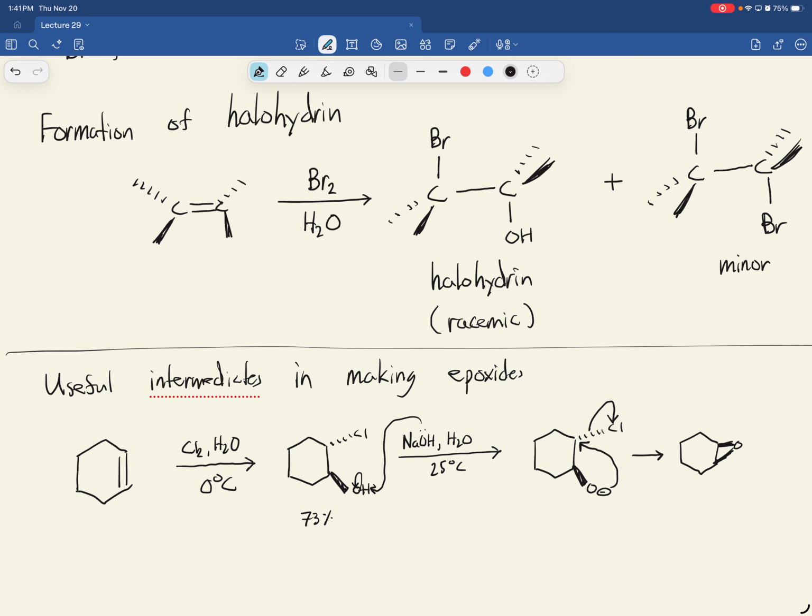Yeah, so there's only one isomer, or one structure. And you get this in pretty good yield, 70%. So that's how you make ethers, epoxides, intramolecular Williamson ether synthesis.